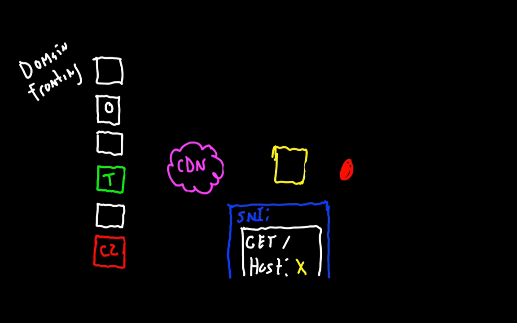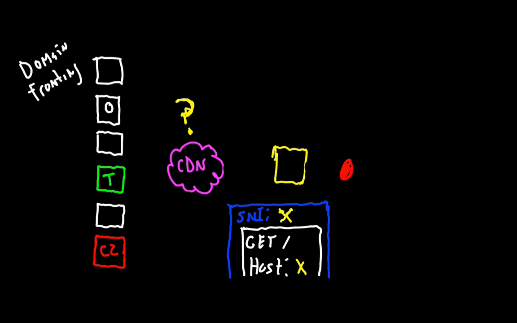This field has the host the request is bound for. The server name indication field is something that a CDN can look at to determine where should the request go, or it's something else that the CDN can look at to try to normalize.